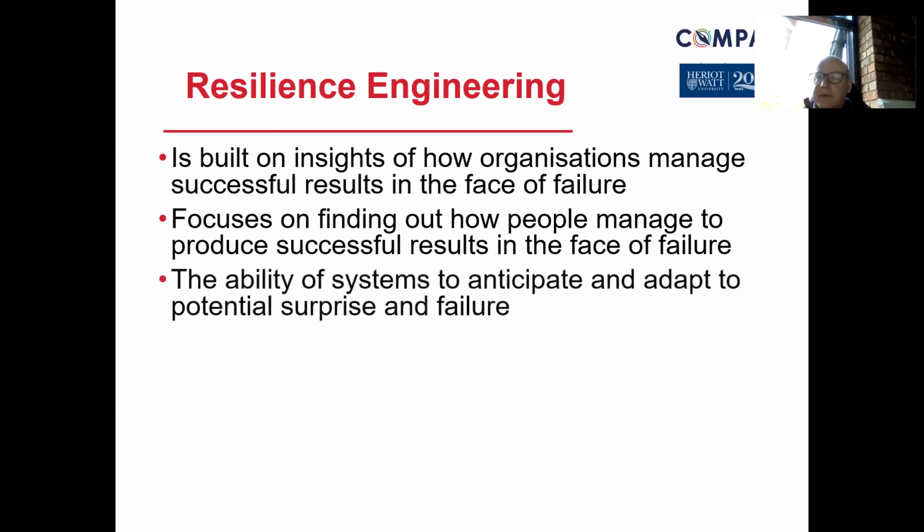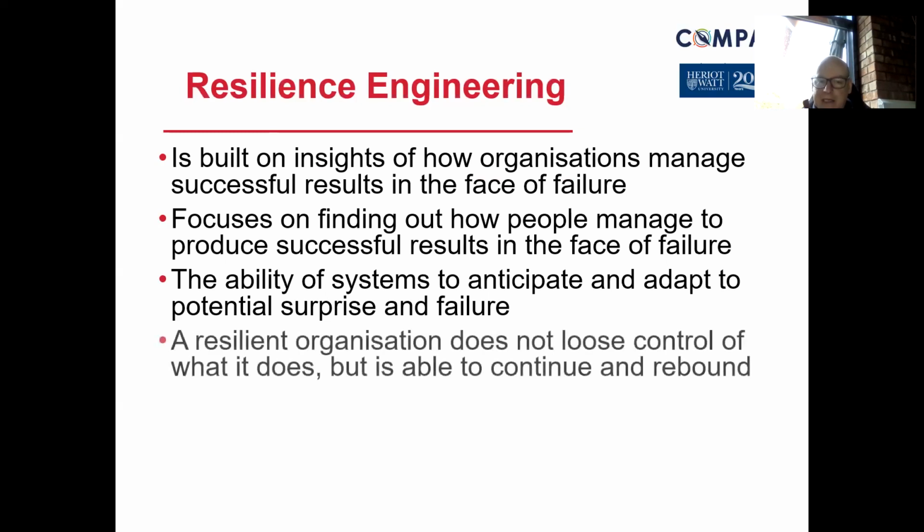So it's questioning what's involved in that, and how can we use that. The ability of systems to anticipate and adapt to potential surprises and potential failures. So again, this resilience engineering looks at what if, and are we adequately resourced, and can we prevent it? And if we can't prevent it, how can we mitigate it? So that becomes part of the mindset of the management team.